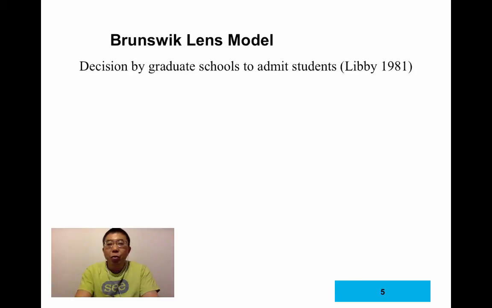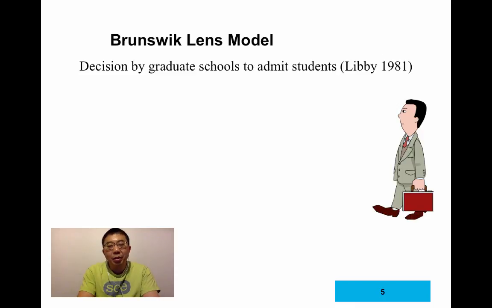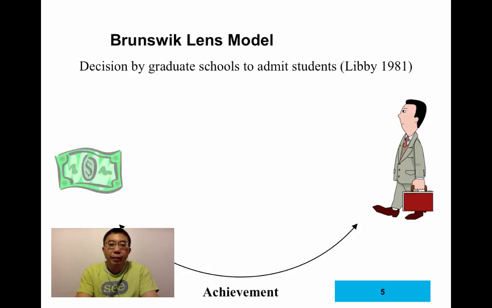To illustrate this model in pictorial form, let's say this particular person that you're seeing now is a student or potential student. What we want to find out is, how do we know which potential student applying to select, so that when we put them through the MBA course, they are likely to achieve success?